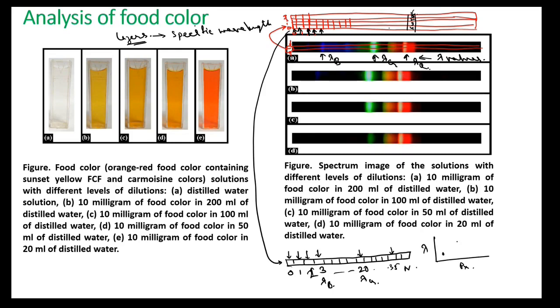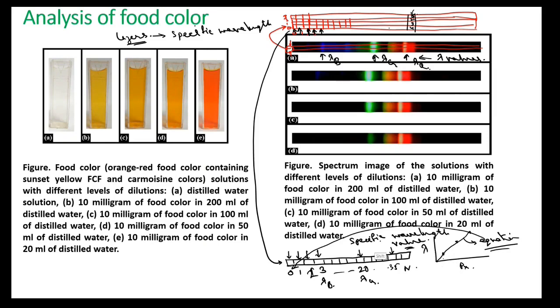You will be getting 3 points, and from here you can generate an equation, and using this equation you can provide each of the pixels a specific wavelength value. Okay, right?